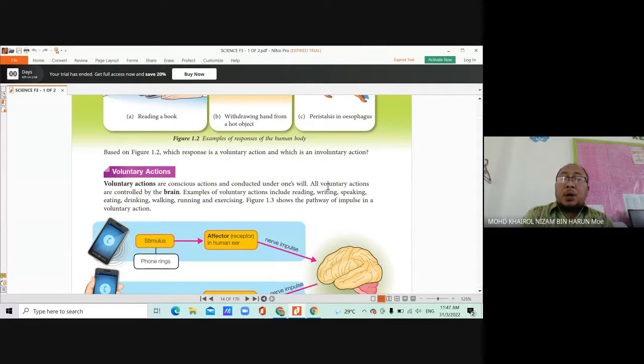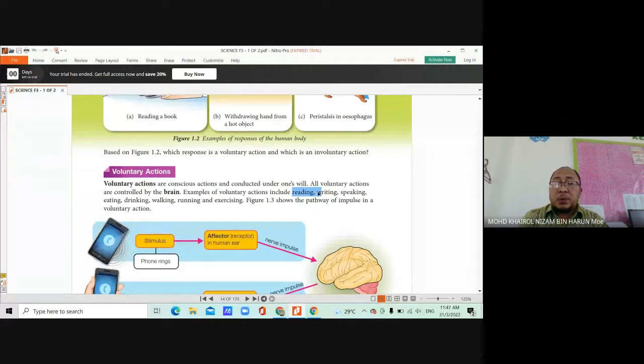So all voluntary action is controlled by our brain. Because the system in our brain, as the central nervous system, can control. So any action that is controlled by our brain will be classified as a voluntary action. An example is reading. We can control the process of reading.